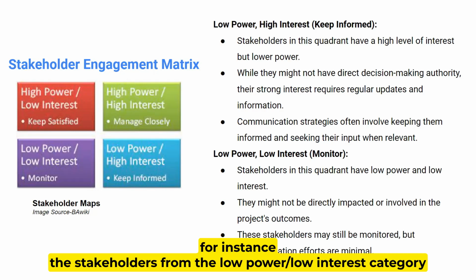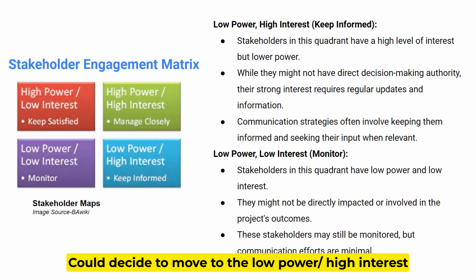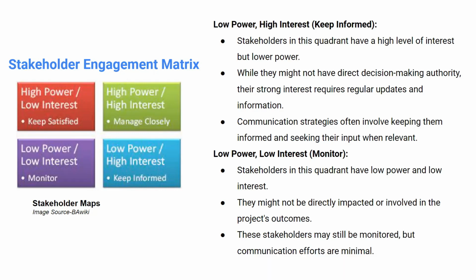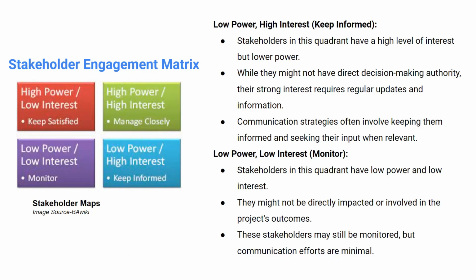For instance, stakeholders in the low power, low interest category could decide to move to the low power, high interest category. Because you are monitoring them, you would be able to know when some of these stakeholders have moved from this quadrant to another quadrant.